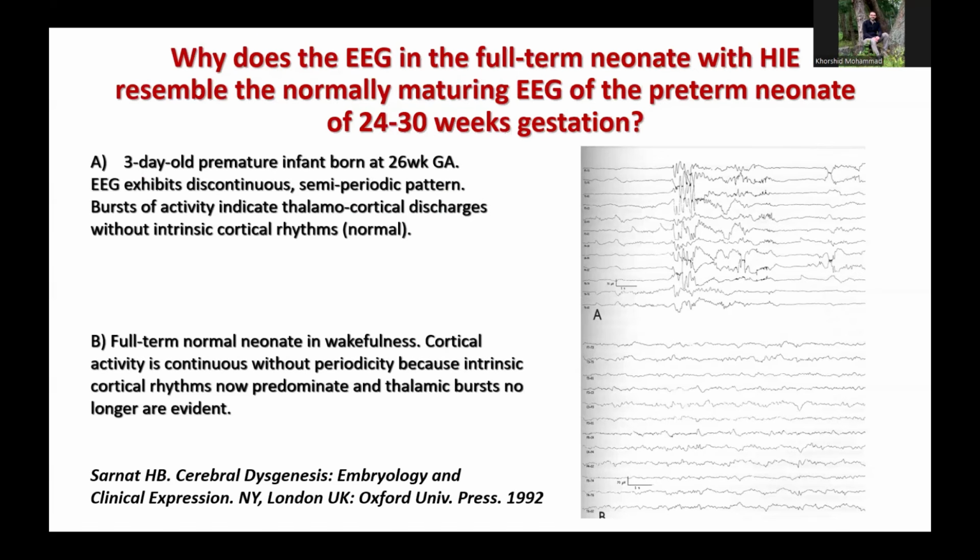And this is a repetitious pattern. So up above in A, you see a premature infant with the burst of activity. And in B, you see a full-term normal neonate in wakefulness. And you see that the activity in the brain is continuous, and you don't see these periodic bursts of activity.